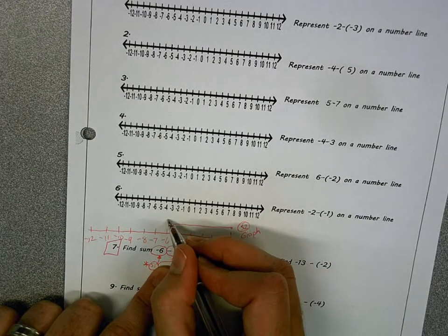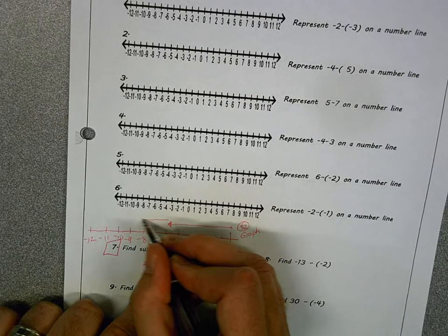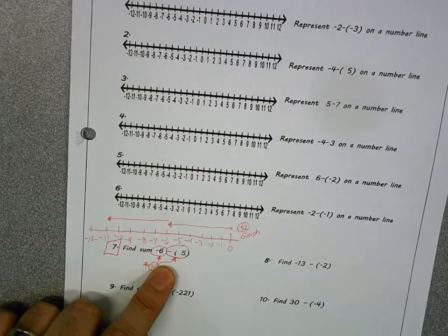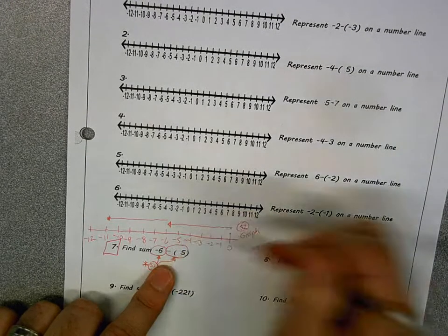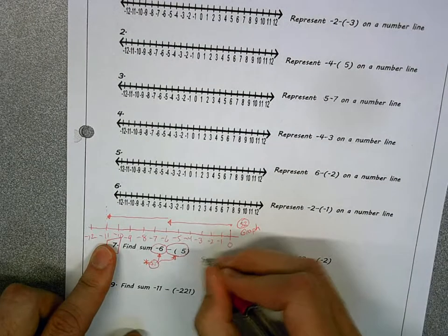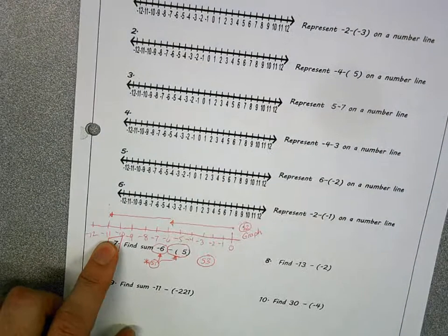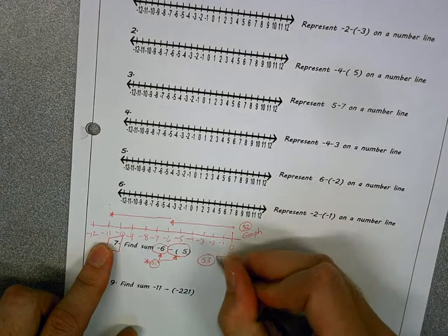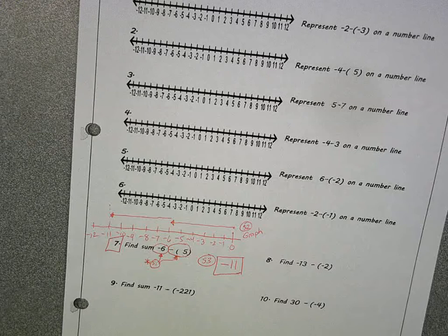From -6, I'm going to go left 1, 2, 3, 4, 5. It ends at our answer. Step 3 is write down your final answer, which is -11.